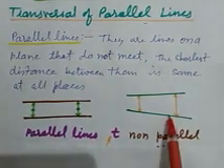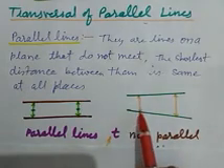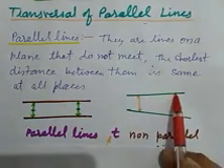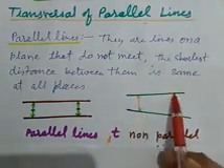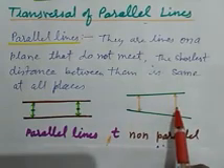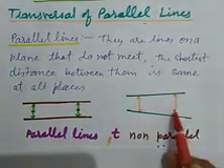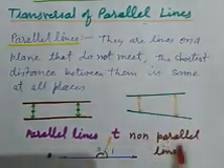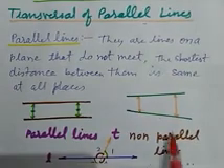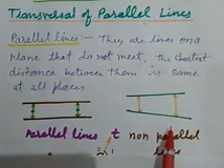Here, when we measure the shortest distance between these two lines at two different points, we see this is less, this is more. So the shortest distance is not the same. That's why these lines are non-parallel lines. Okay. So this is the parallel lines theory.